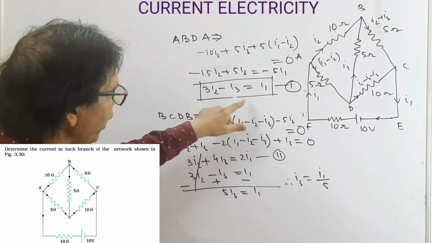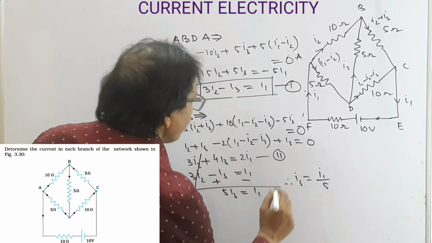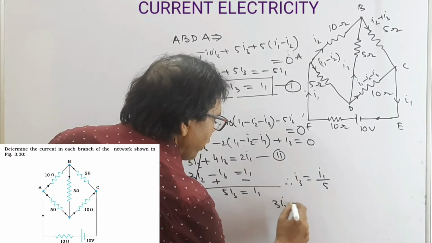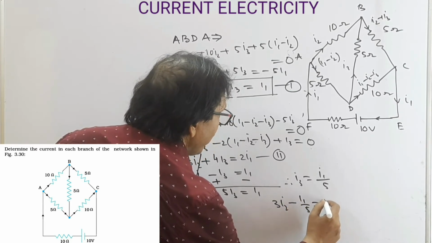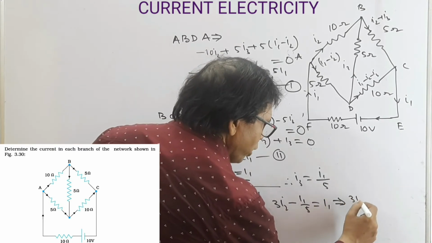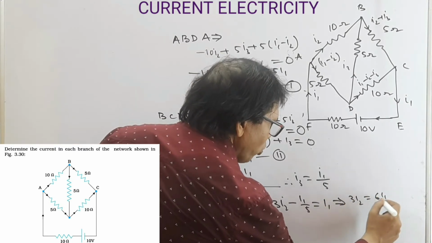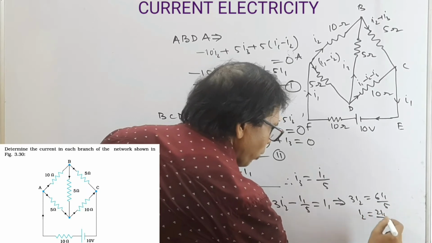Now if we put I3 equal to I1 by 5 here, 3I2 minus I3 means minus I1 by 5 equal to I1. So 3I2 equals 6I1 by 5, so I2 equals 2I1 by 5.